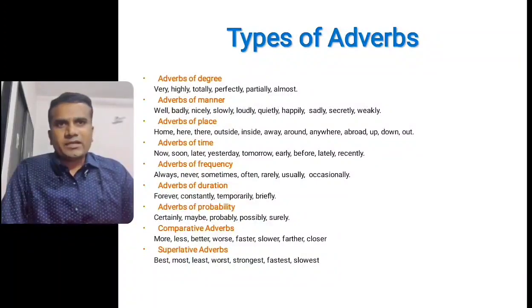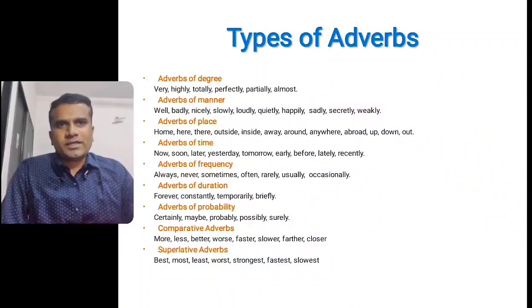Then we have adverbs of time. The examples of adverbs of time are now, soon, later, yesterday, tomorrow, etc. Then next type of adverb is adverbs of frequency. The examples of adverbs of frequency are always, never, sometimes, often, rarely, usually, occasionally, etc. Then adverbs of duration.